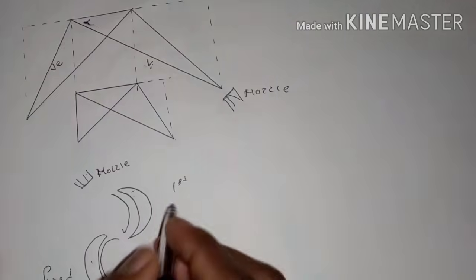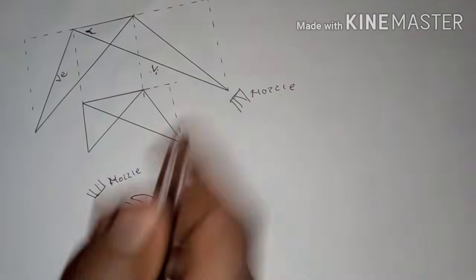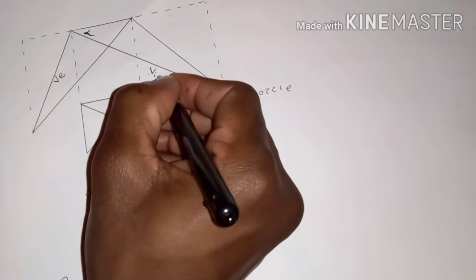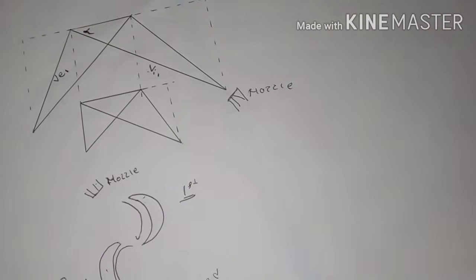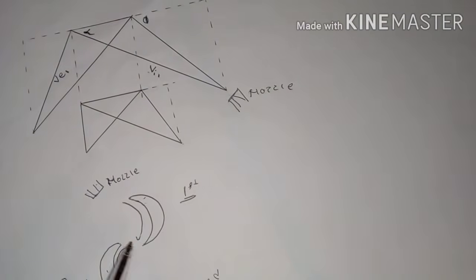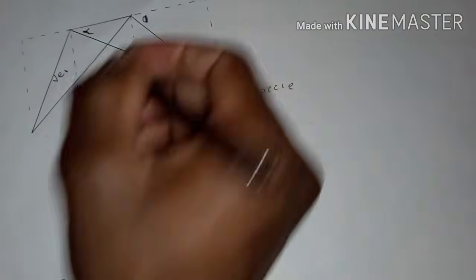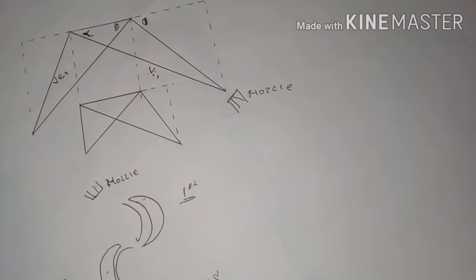So now, since this is the first stage and this is the second stage, you have to represent that by saying this is number 1, and also this is number 1. This we know is the inlet angle of the blade, and this is the outlet angle of the blade.